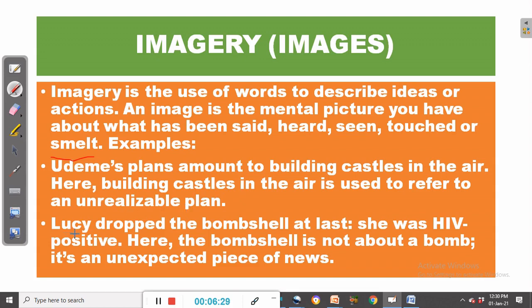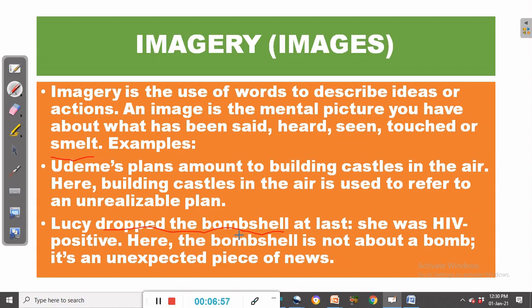Then the second example, Lucy dropped the bombshell at last. She was HIV positive. Now, what does it mean to drop the bombshell? You know, a bombshell gives you a picture of something that can explode. It's a kind of explosion.